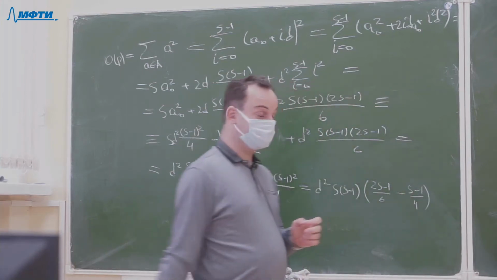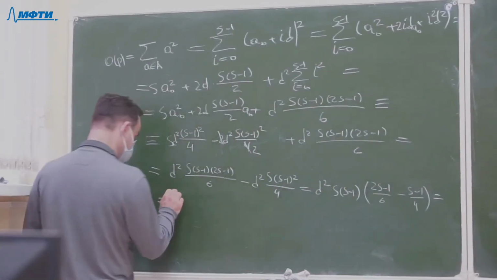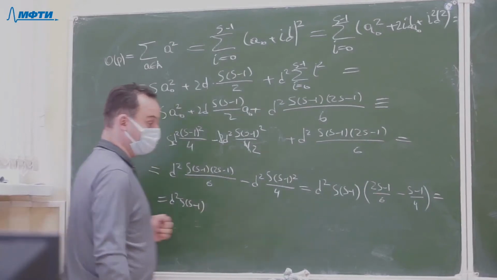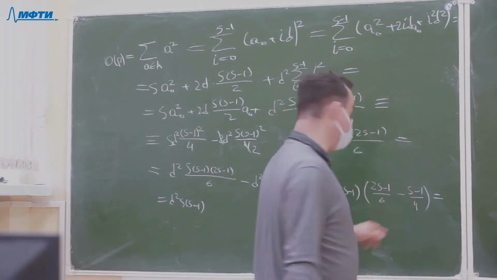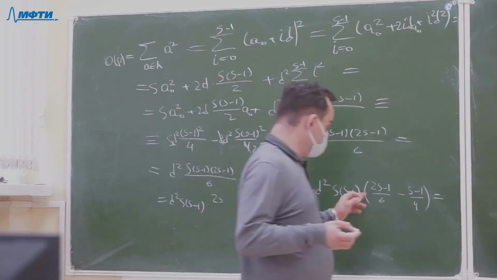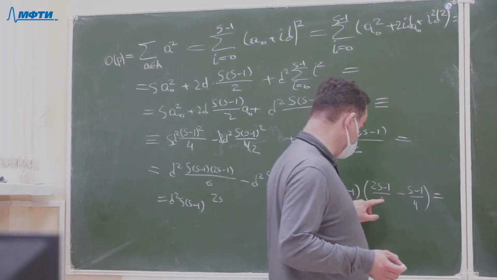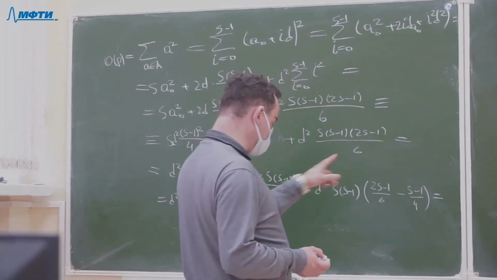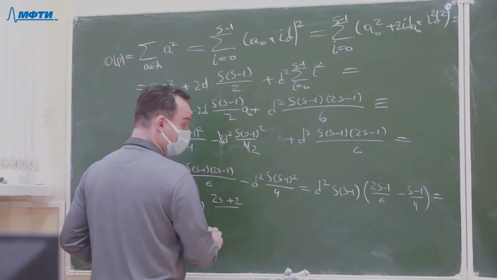What is this? This is d square by S minus 1 by 8S minus 6S, which is double S, 4 plus 6, so minus 4 plus 6, so this is plus 2, divided by 24, right?